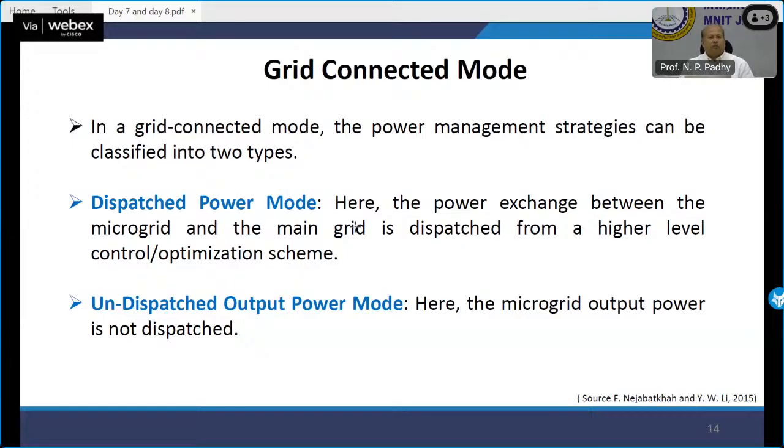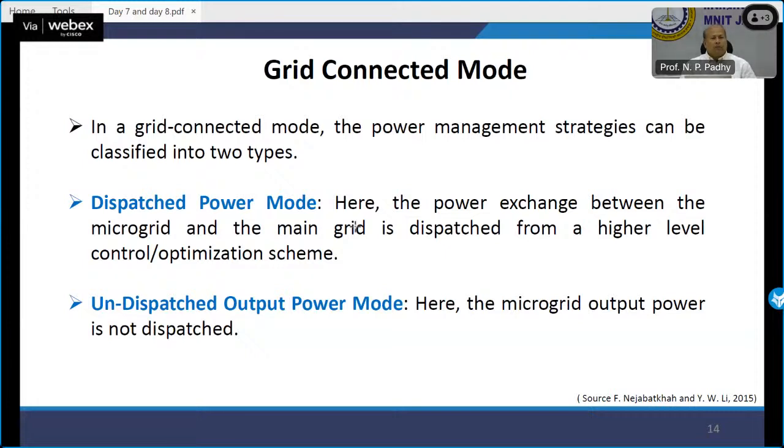Dispatched power mode is basically the power exchange that takes place between the microgrid and the main grid. Microgrid takes power from the main grid and sometimes it gives back to the main grid. So the power exchange between the microgrid and the main grid is dispatched from a higher level control or optimization scheme.